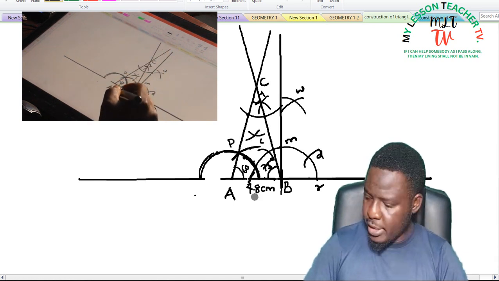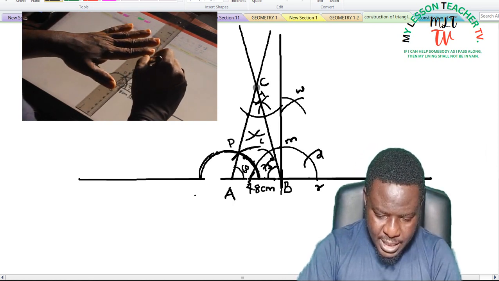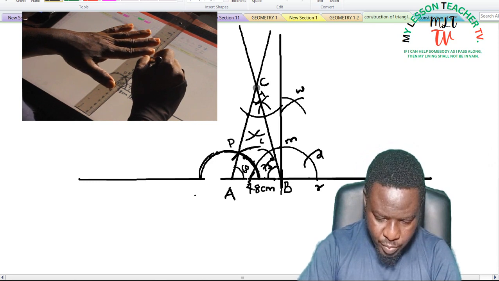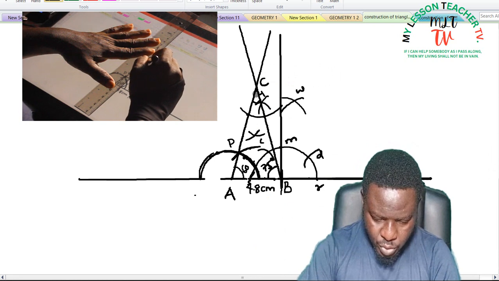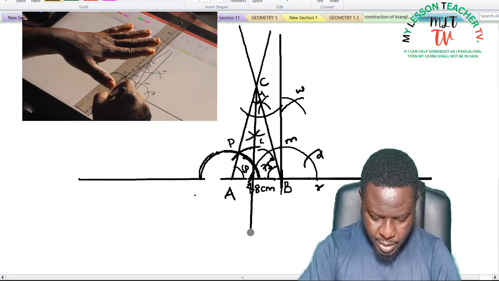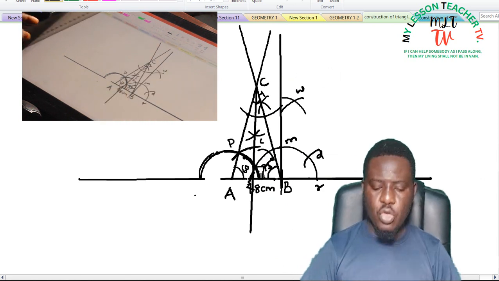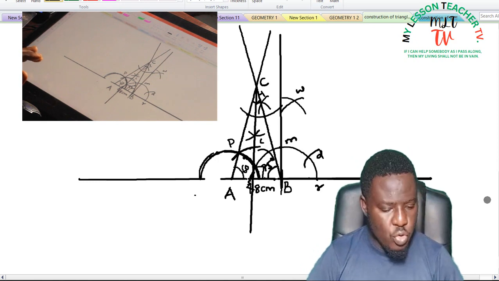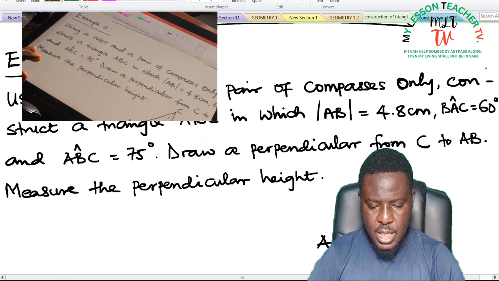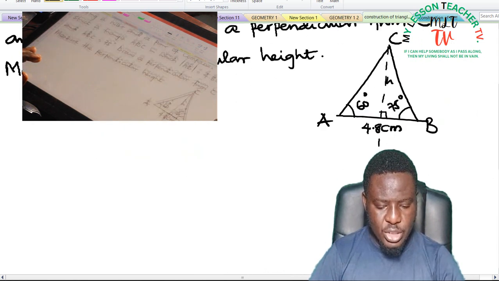Then you join the point of intersection of the 2 arcs with C. It gives you the perpendicular bisector, which we have already learned in the last class. So when you join it, it gives you the bisector that is required. Then you measure it. So this is how you can construct a triangle with given conditions.